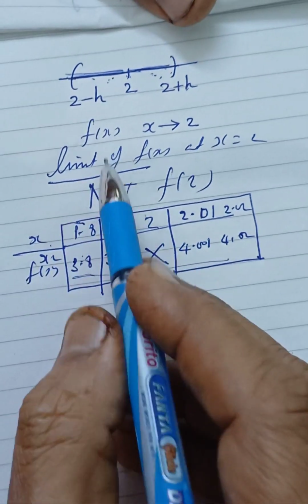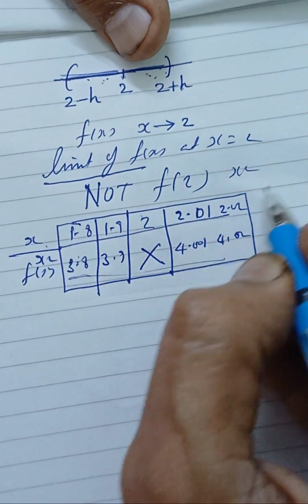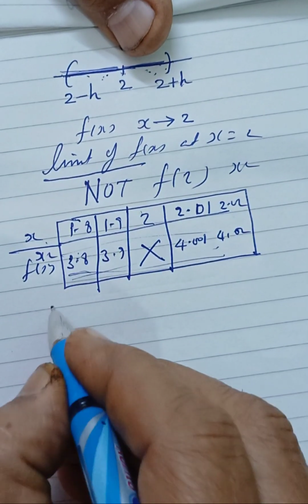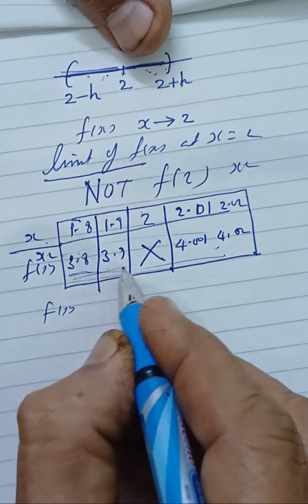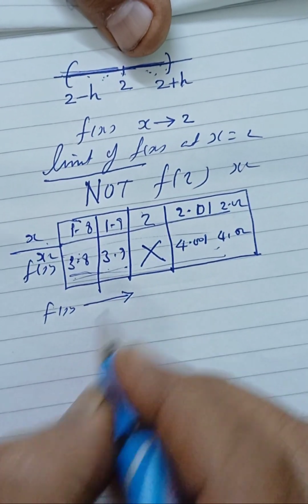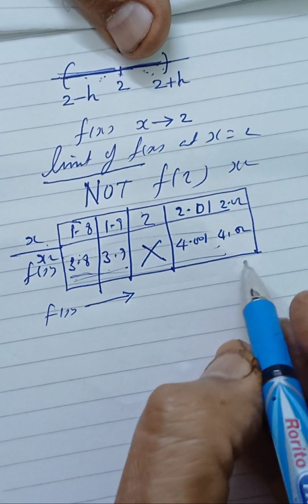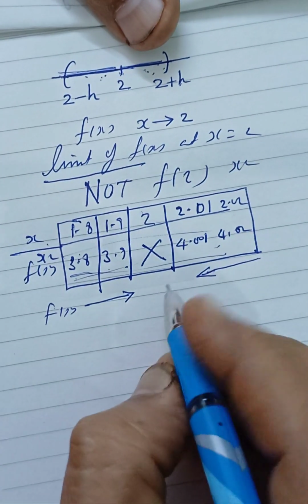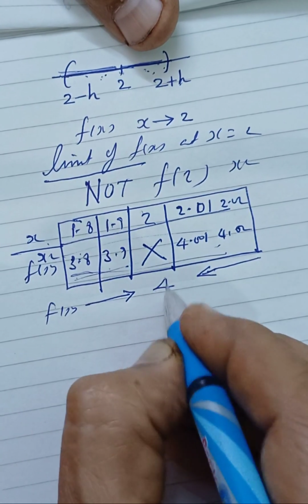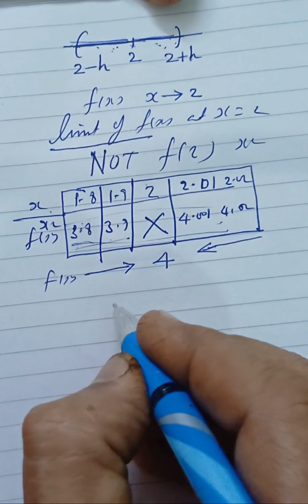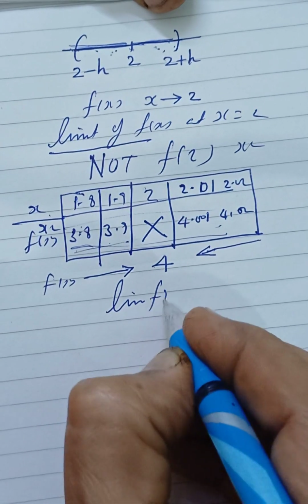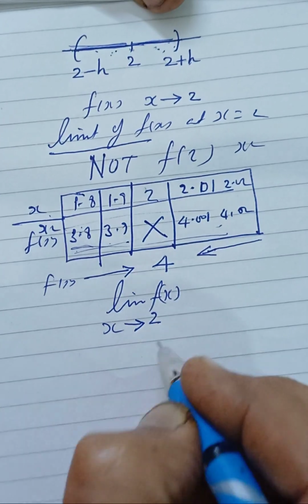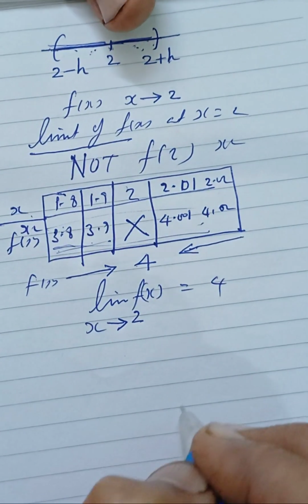So if you keep substituting into the function x square and you calculate the values and list them out, you can observe that f of x is gradually increasing towards a number, and on the RHS you can see the values are decreasing and approaching a value, and you can easily guess the value it is approaching is 4. So we call the limit of this function as x is approaching 2 as 4.